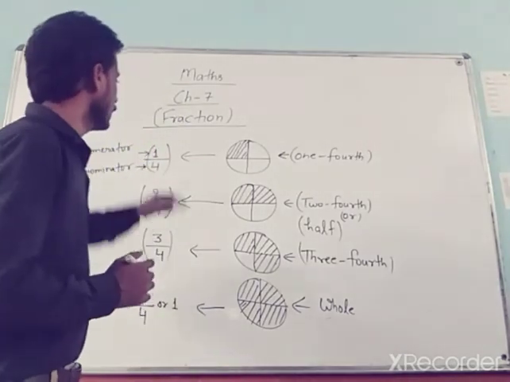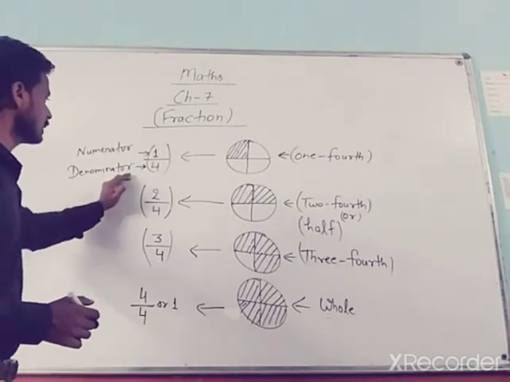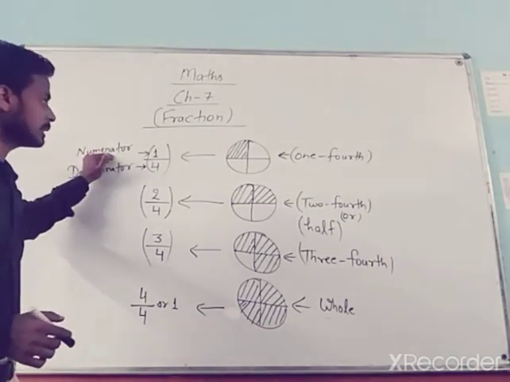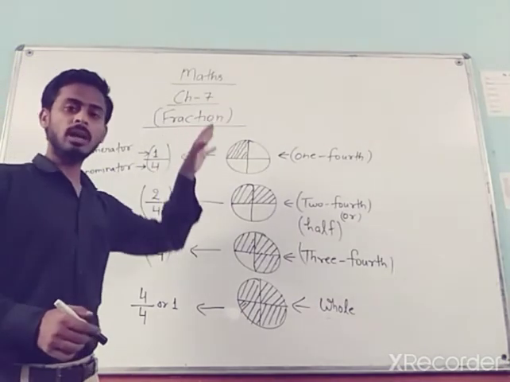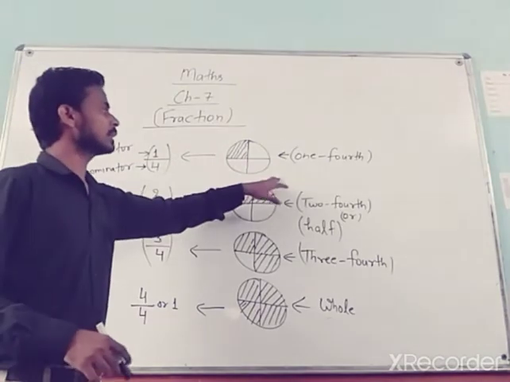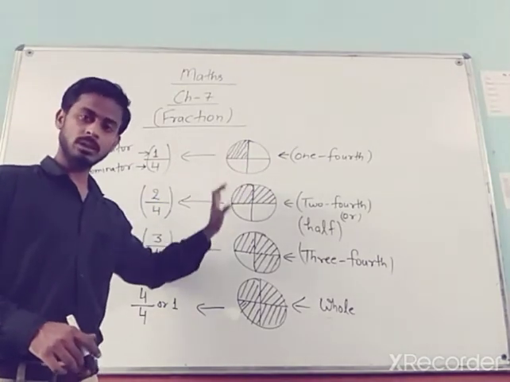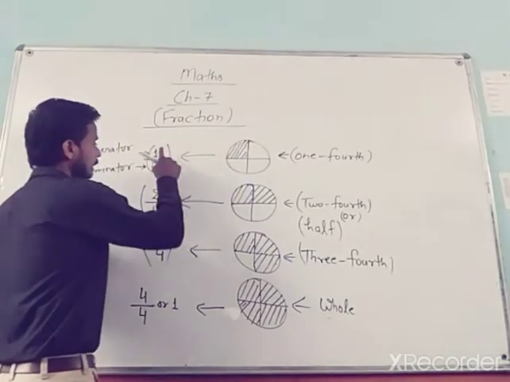See again, fraction is a part of a whole number. There are two terms in a fraction. First is numerator, second is denominator. Numerator tells us how many parts have been counted, and denominator tells us how many parts there are in the whole. Clear? See, if you take one part, then it is 1 by 4.